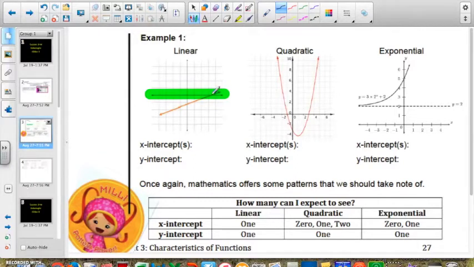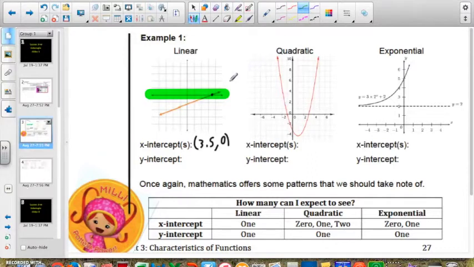So sometimes we might have to estimate a little bit when we're giving our ordered pair. So if I count over, it looks like that's between 1, 2, 3, and 4. Somewhere between 3 and 4. It looks like it crosses about halfway right there. So we're going to say that the x-intercept is 3.5. That's our x value. And our y value for an x-intercept is always going to be 0 because we're not going up or down at all.